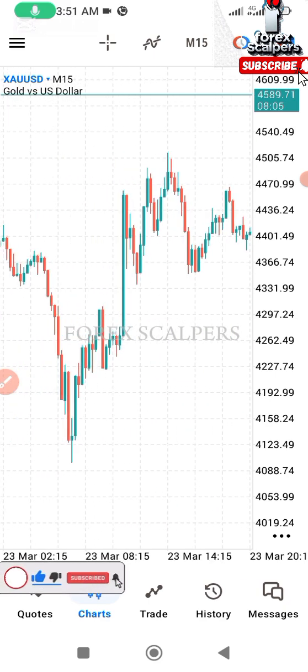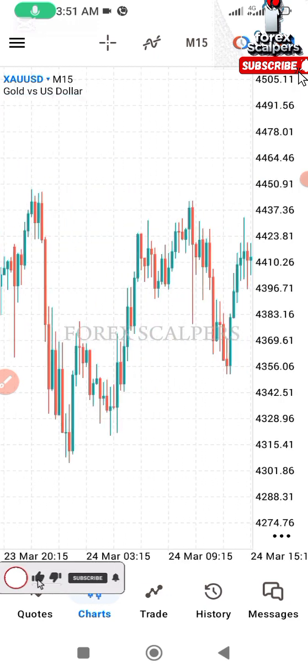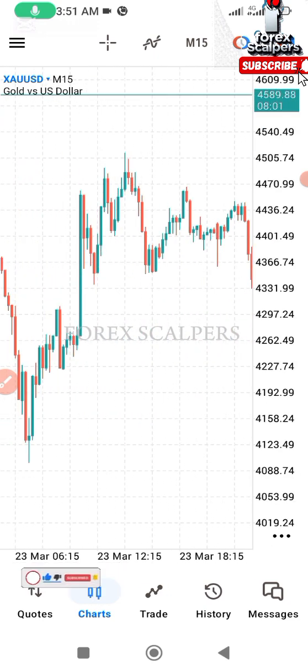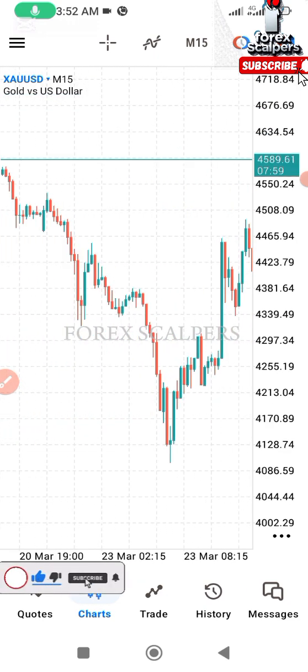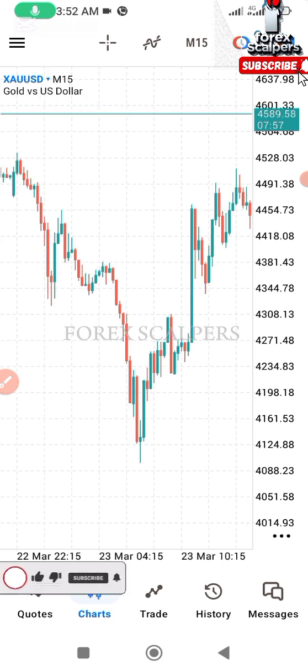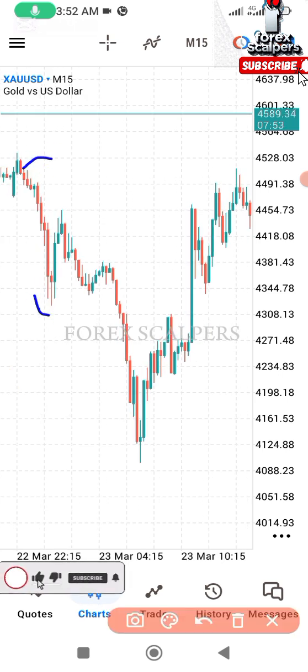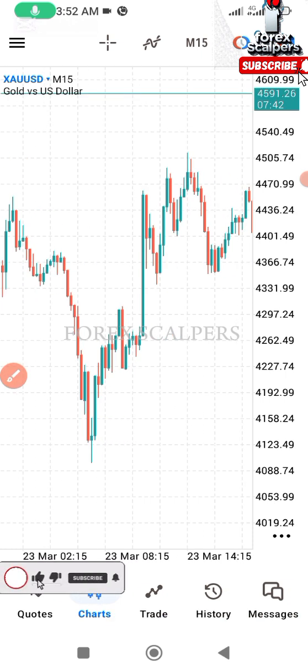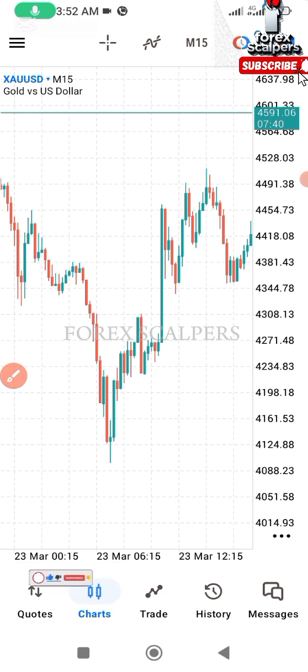It will always give you the same thing across all the time frames. Look at what happened here. Here price has been on a downtrend, lower high, lower low, right? Lower high, lower low.